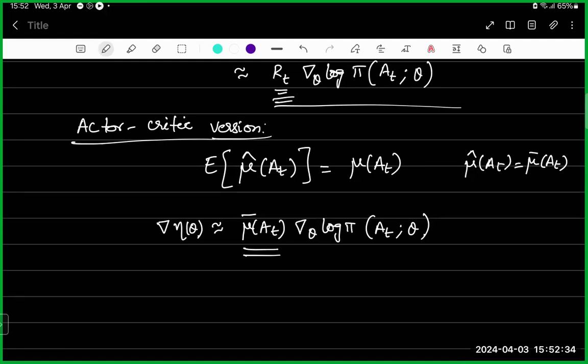That is generally called a critic, which is giving value estimates.